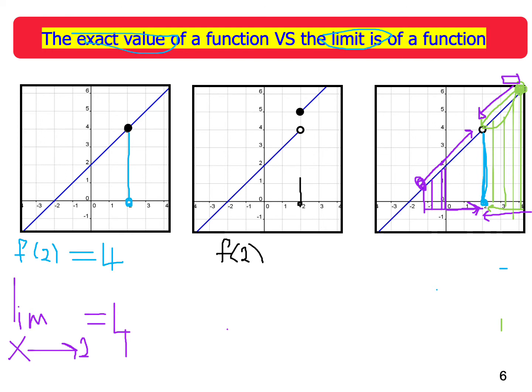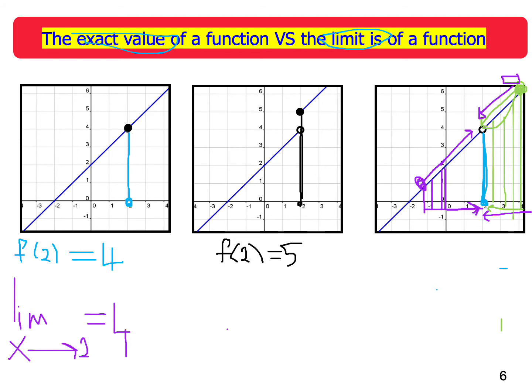Then we go up. Here I will meet 2 circles. The open one means there is no graph here. But the shaded one means there is graph here. That means the exact height at 2 is the shaded circle, not the open circle. That means f of 2 is 5.